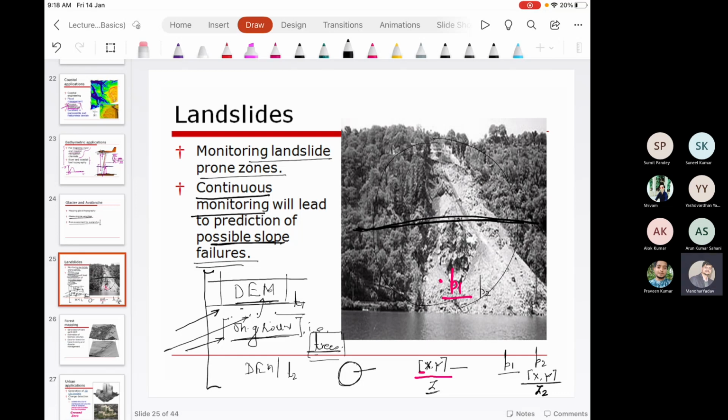To generate DEM, which is a kind of information of elevation, we interpolate the surface using the Z values at various XY locations. So ultimately, a digital elevation model is a representation of ground terrain, how it varies with respect to height. That information we generate in DEM.